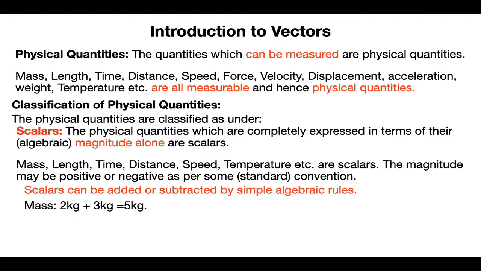We don't have to think about north, south, upward, downward, etc. Or subtract scalars: length 7 meter, take away 4 meter, you will be left with 3 meter length. So simple addition and subtraction work for scalars.